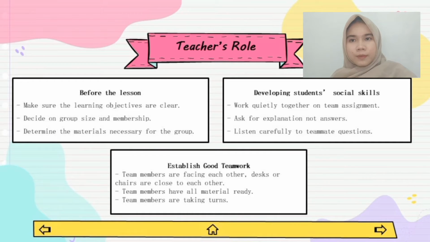Ask for example, not answer. Listen carefully to teammate questions and establish good teamwork. Team members are facing each other, chairs are close to each other. Team members have all material ready. Team members are taking turns.